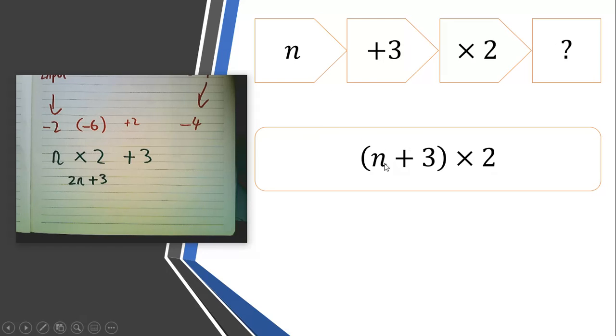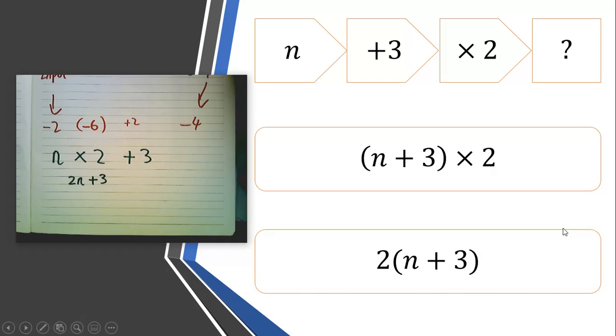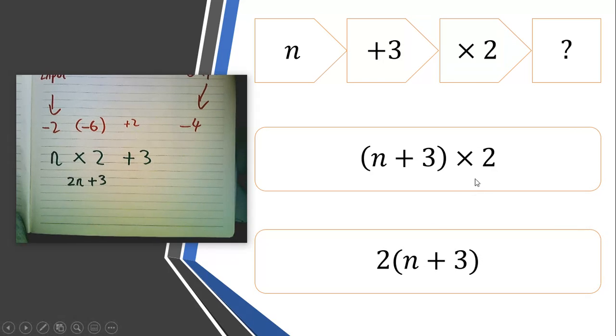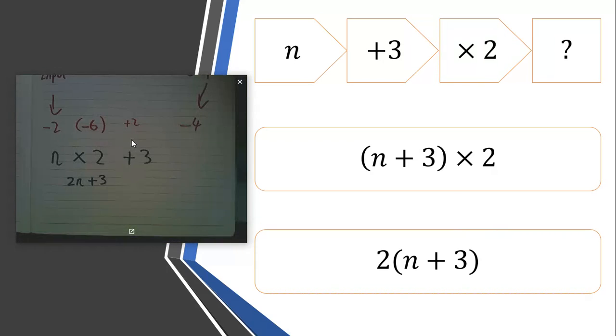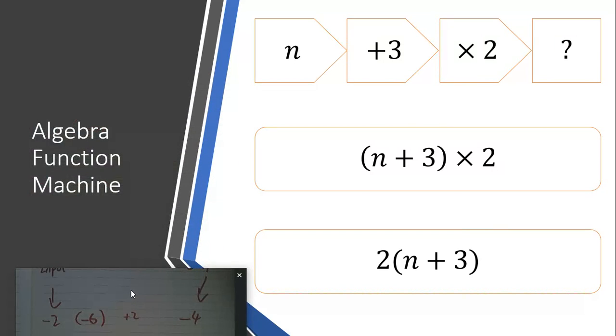Okay, so the way you would explain this would be n plus 3 in brackets times 2. Now, if you want to times this, a bracket times 2, we can just put the 2 in front of the bracket. These two things mean the same thing. So this is just a bit of algebraic terminology that we're getting used to there. I'm just going to move this out of the way.